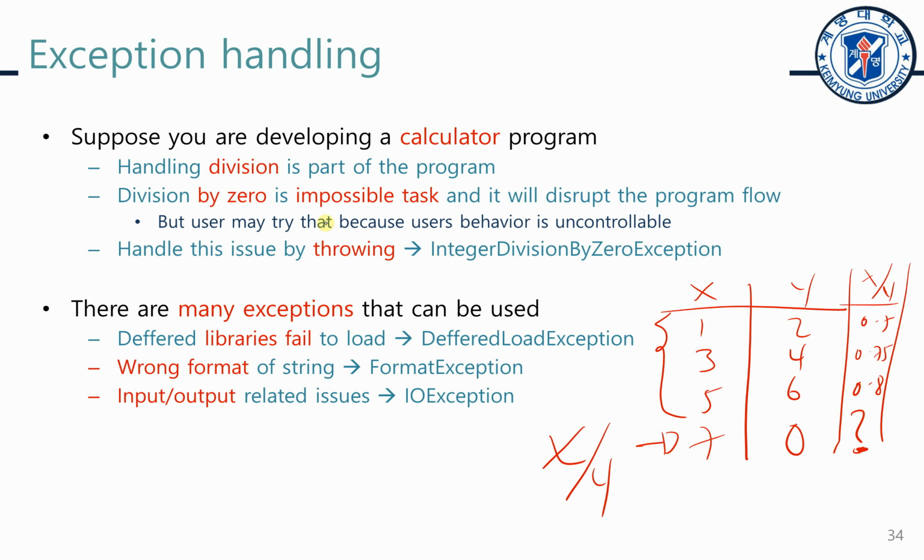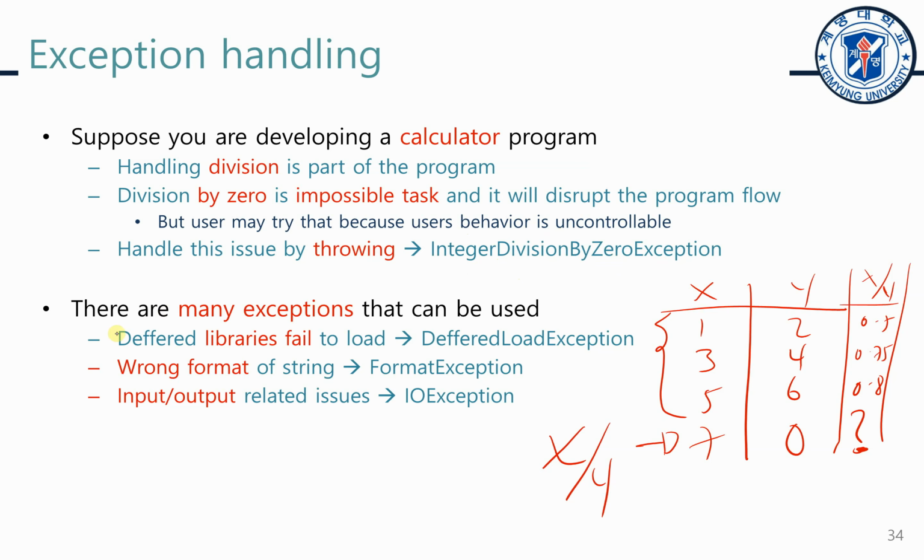Dividing by 0 is an impossible task, so it will disrupt the program flow. Users may try, because users' behavior is uncontrollable, and we handle this issue by throwing some kind of exception. This is, for instance, the integer division by zero exception. So I cannot handle such kind of division.